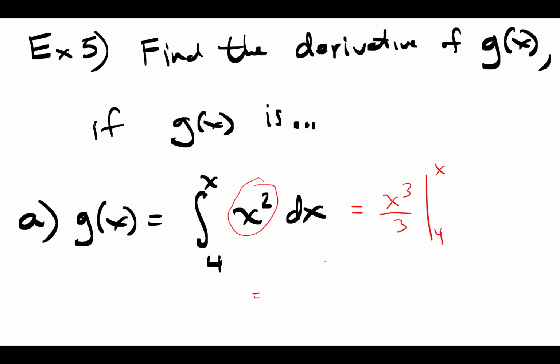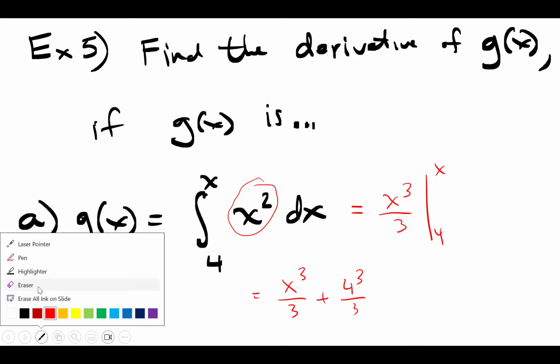So then what we do is we plug in the x into it. So we got x cubed, plus, oh boy, this will be fun, 4 to the third power over 3. Now I subtract, right? Oh, okay, sorry, it's subtraction. Got a little ahead of myself here.